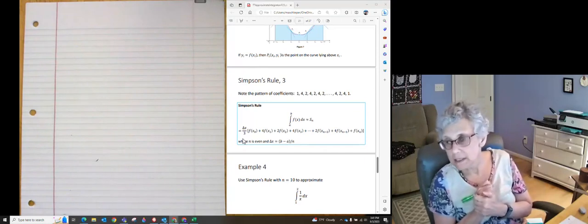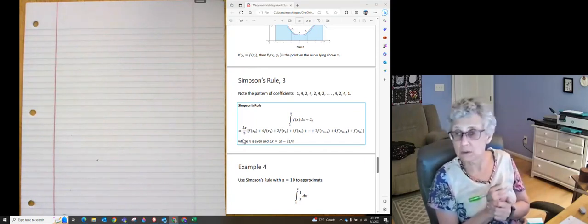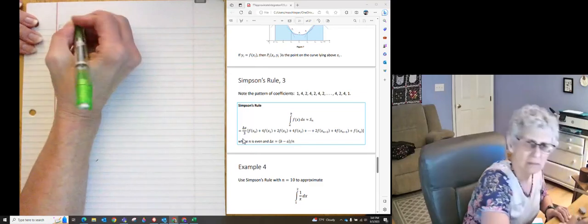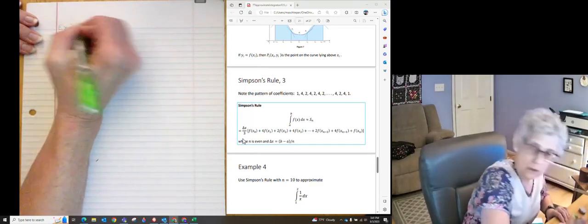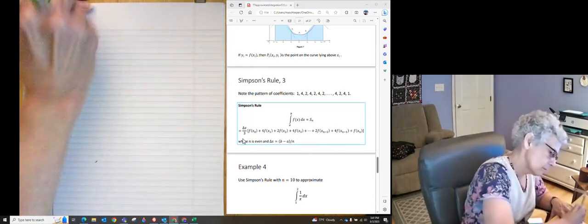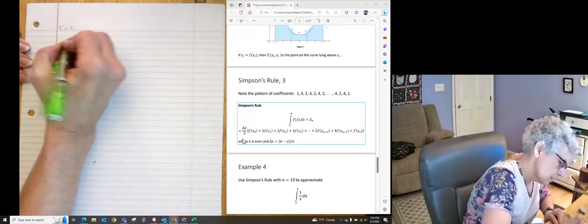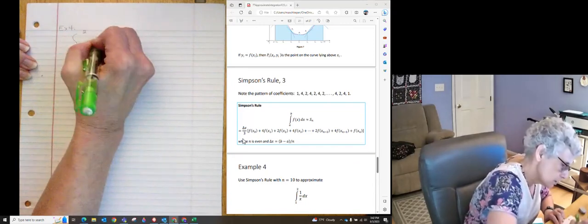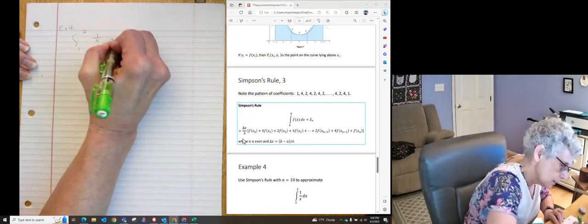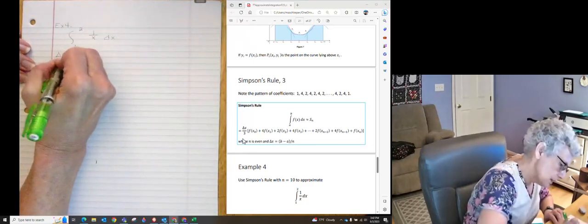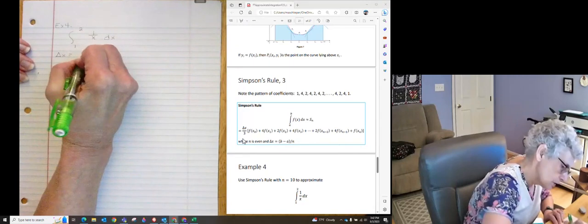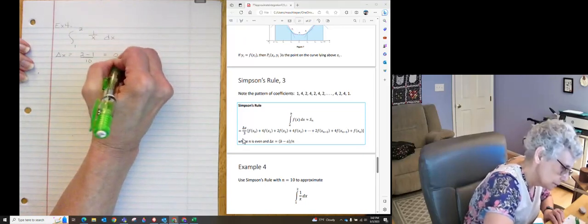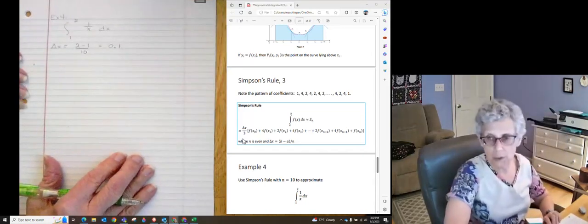Let's look at the same example using Simpson's rule, and we're going to use 10 rectangles or intervals. Example 4. So we want to approximate the integral from 1 to 2 of 1 over x. So my delta x is going to be equal to 2 minus 1 over 10, which is 1/10, or 0.1.